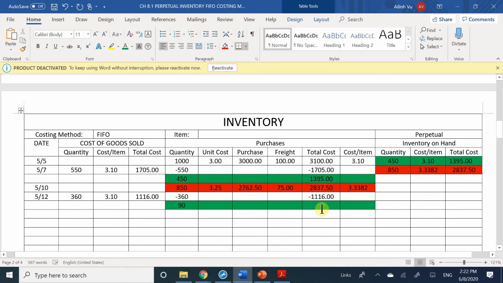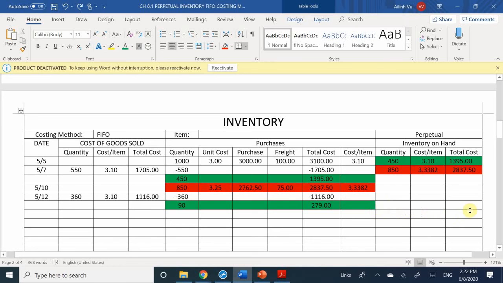Hold on, we're working on the first batch. 1395, and we're subtracting 1116. You should get 279. Yes, I don't know why I erased that. So 279 is correct.